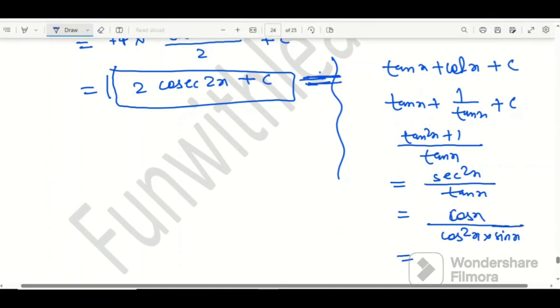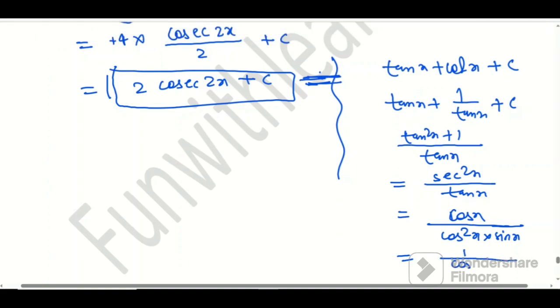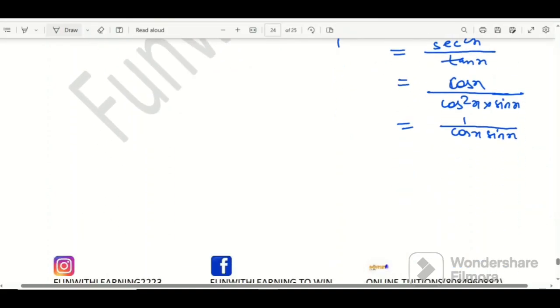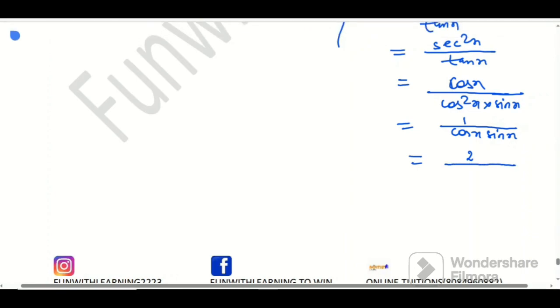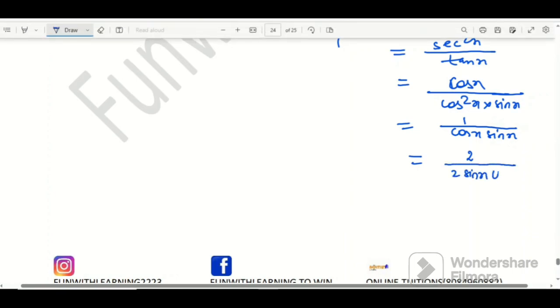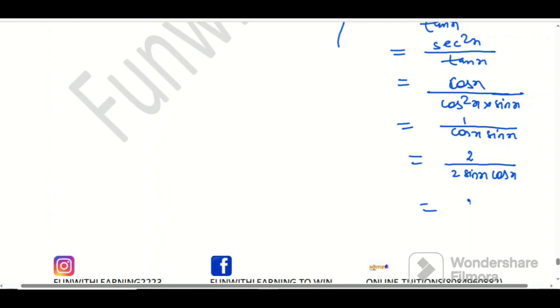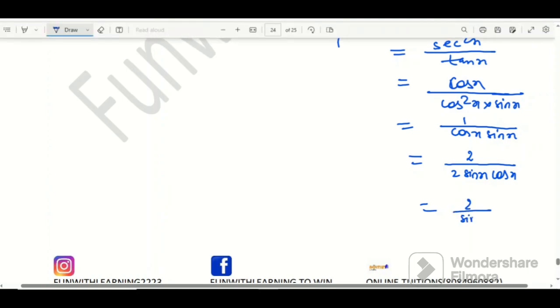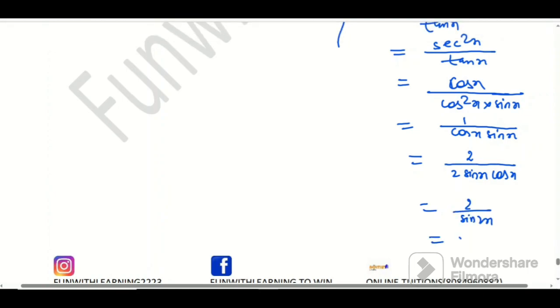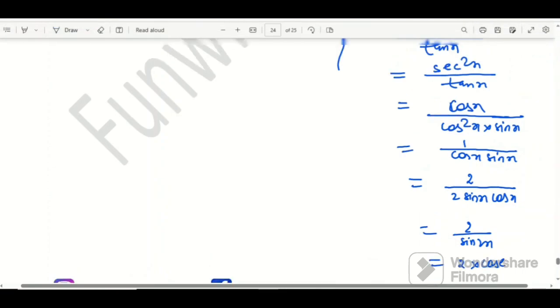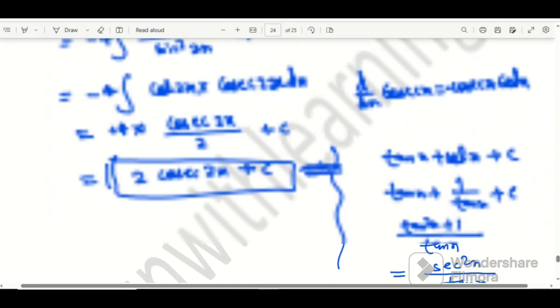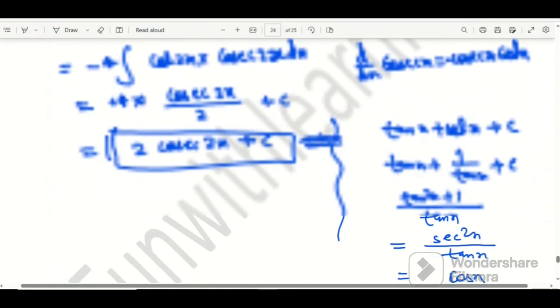So cos will get cancelled, and it will be 1 upon cos x into sin x in denominator. So again we'll multiply 2 in numerator and 2 in denominator. So we'll get 2 upon sin 2x, so we'll get 2 into cosec 2x. Okay, yes, these two things are the same. So this is our answer.